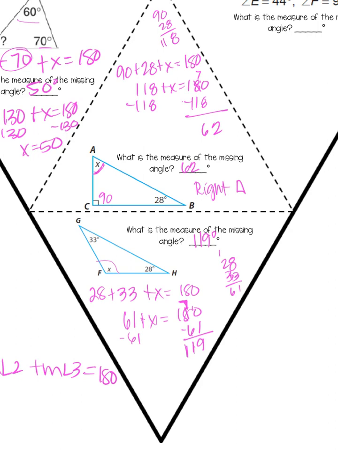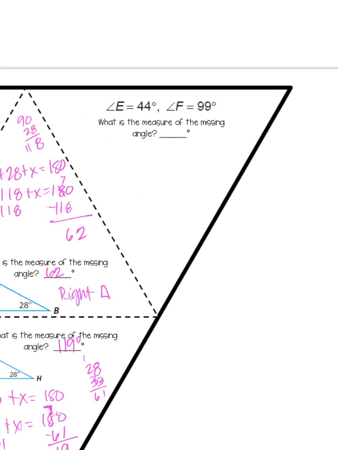Okay, last one. This time they didn't even give you a triangle. If you wanted to draw it, you could, but you wouldn't have to. So you have 44 plus 99 plus x equals 180. 44 plus 99 is 143. 143 plus x equals 180.